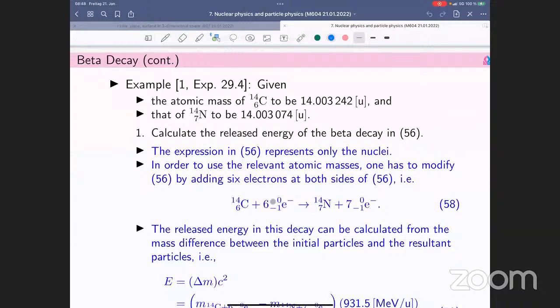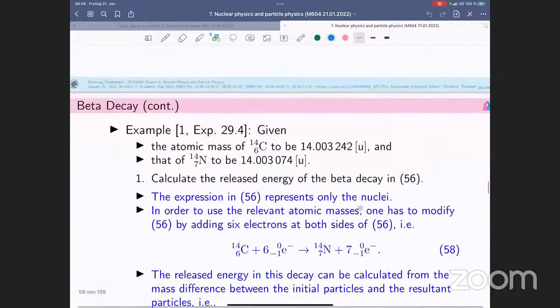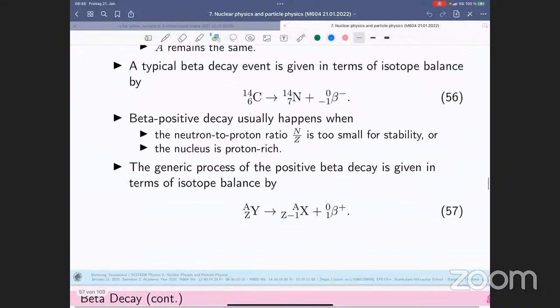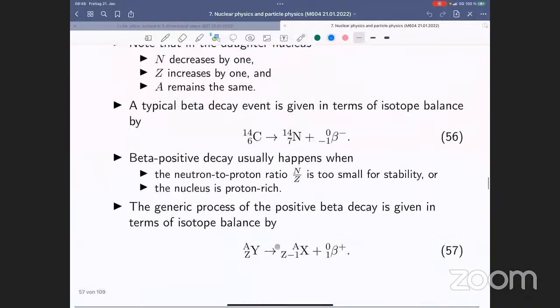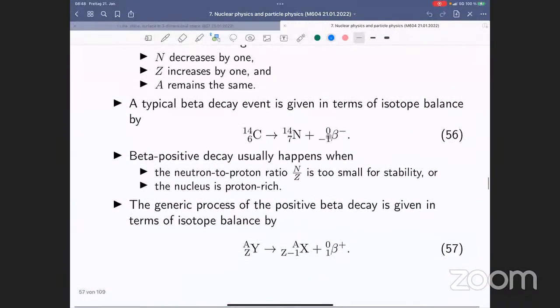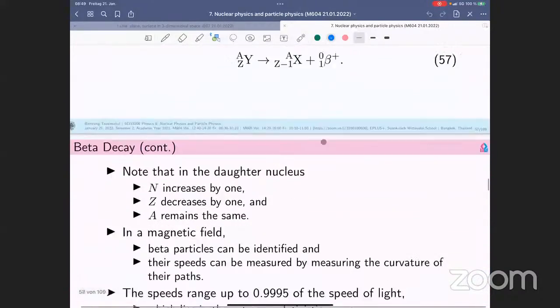Because the value they have provided here is the atomic mass, the mass of the whole atom. So it's better if we add 6 electrons to this, and we add 6 electrons to the right hand side, and we have one more electron that is the emission in the topic of beta decay, right? This one, okay, beta minus process.